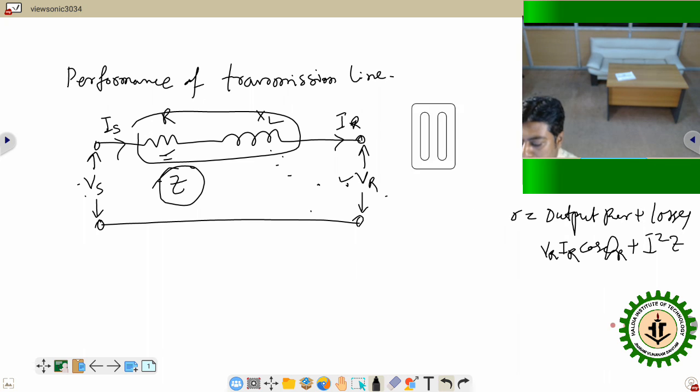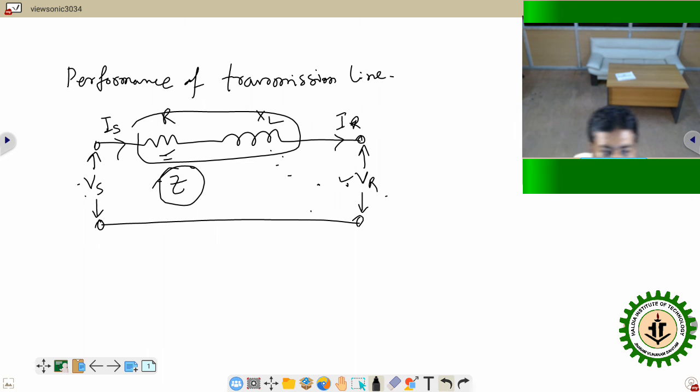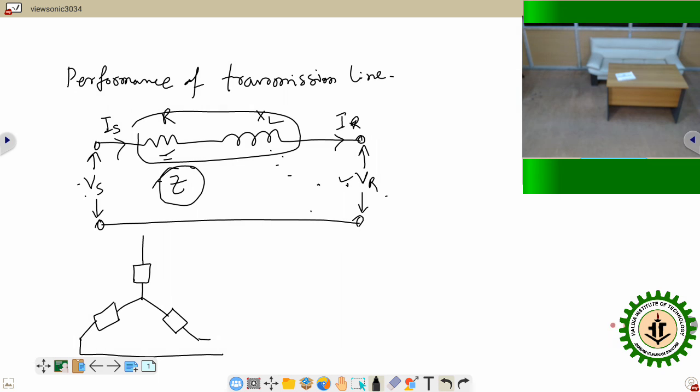If I consider this is the 3-phase input, and this is the 3-phase output terminal, red, yellow, blue, red, yellow, blue.